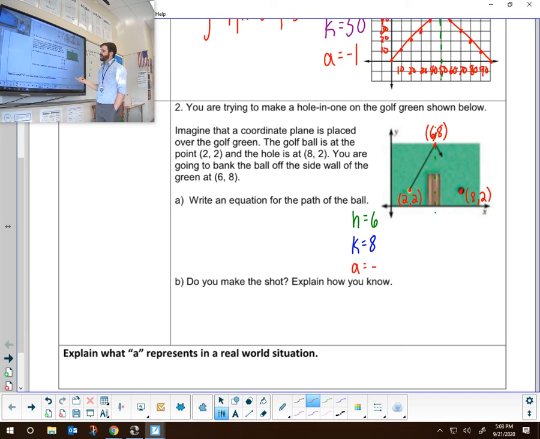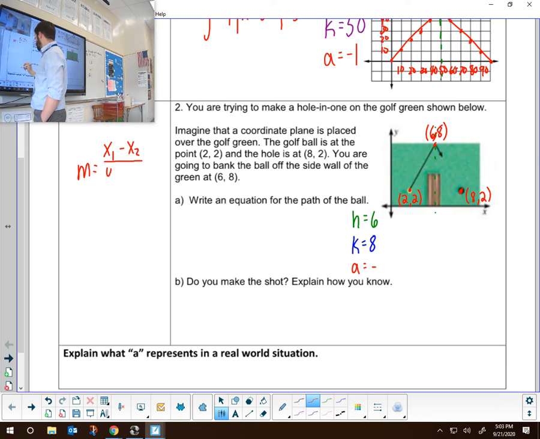So to find my a, I need to find my slope. And to find my slope, remember your slope formula is m equals (y1 minus y2) over (x1 minus x2).